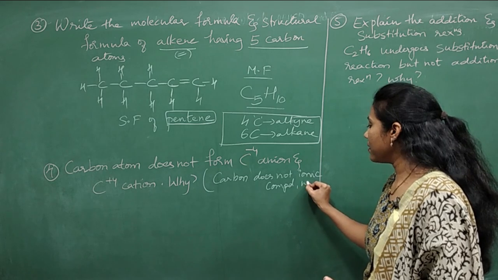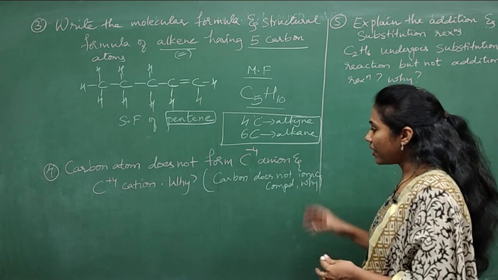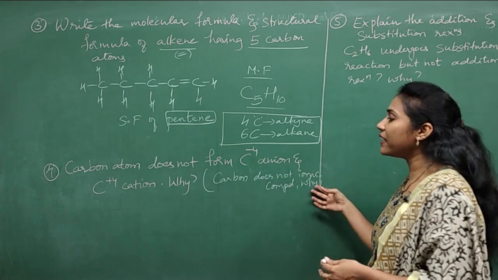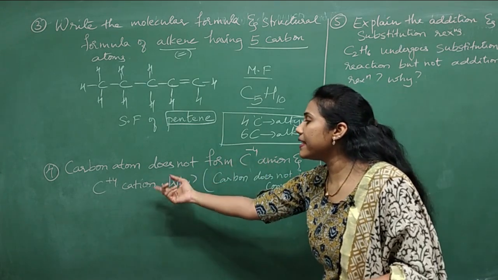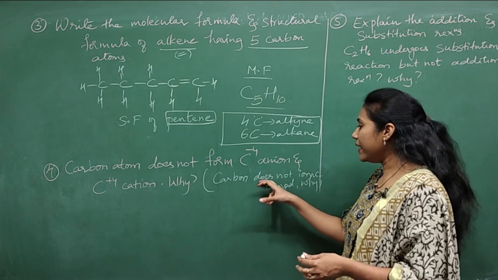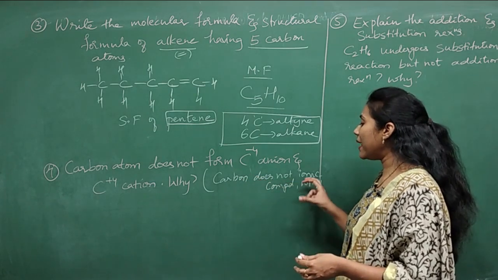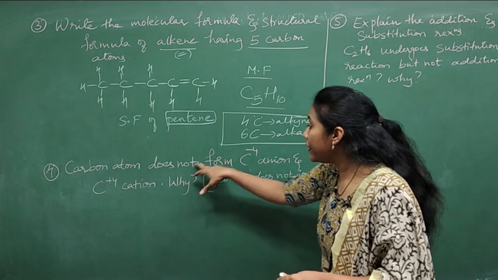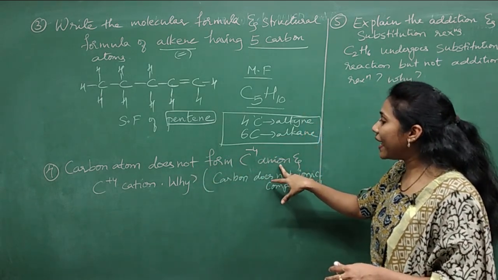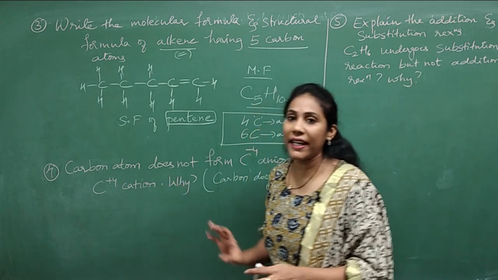Why, they will ask. The answer is the same. Carbon cannot form an ionic compound because it cannot form C-4 anion and C+4 cation. That is why carbon does not form ionic compounds. Okay. Now the question is why it cannot form C-4 anion and C+4 cation.